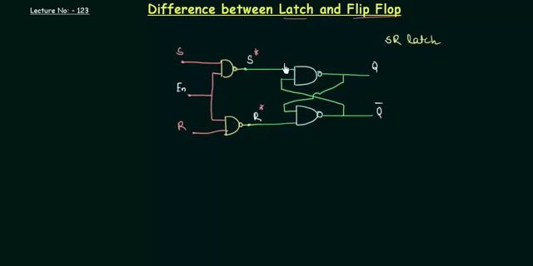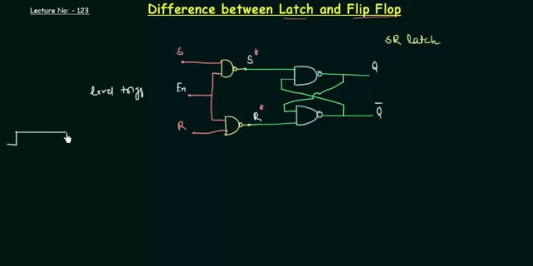whenever this is high, the latch will operate. So when this is enable, it means that it is level triggered. It is sensitive to the level. What I mean is, let me draw the enable first.